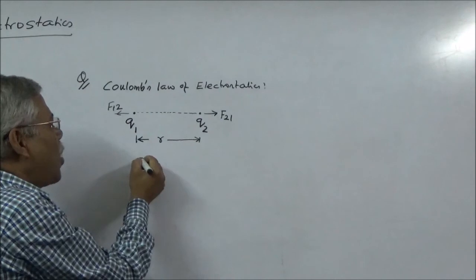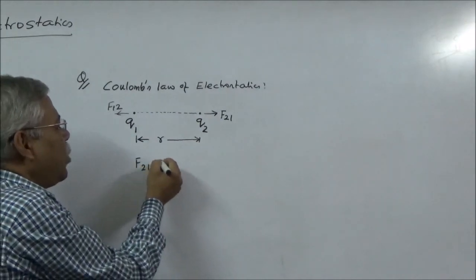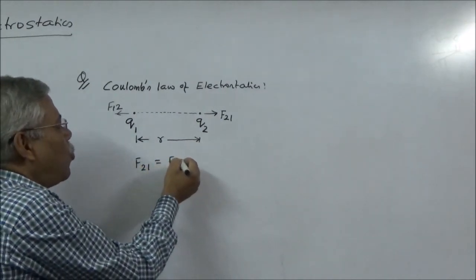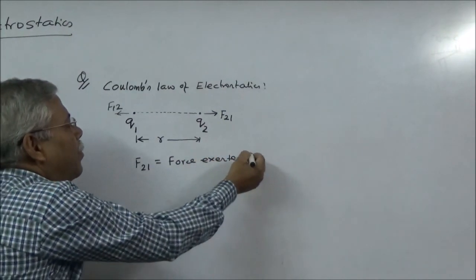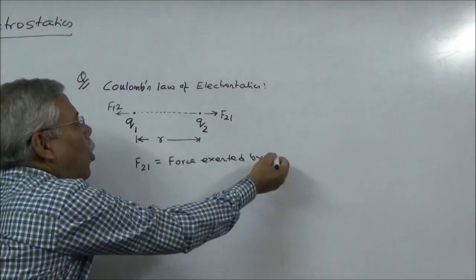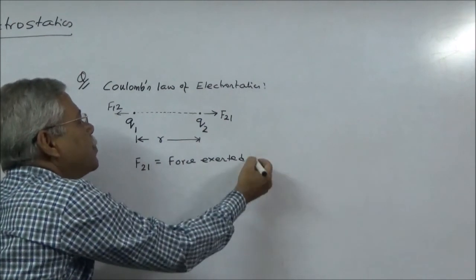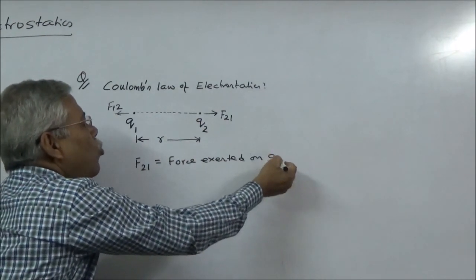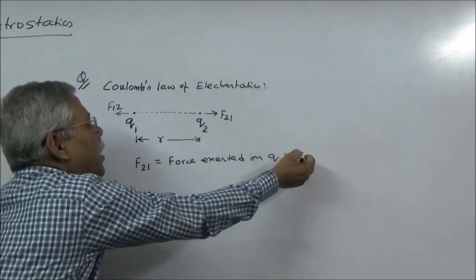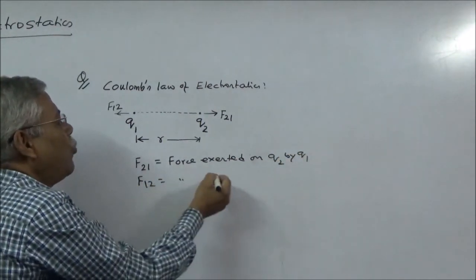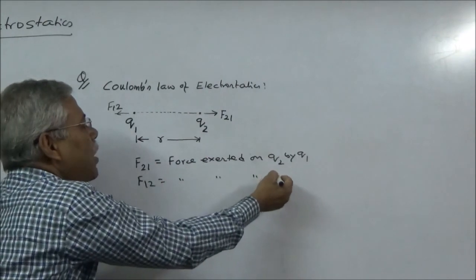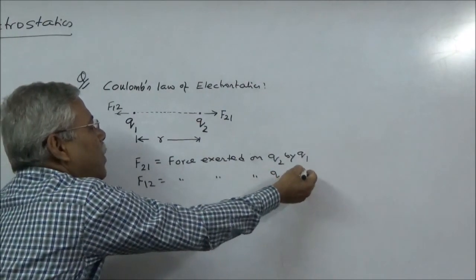So F21 equals the force exerted on Q2 by Q1, and F12 equals the force exerted on Q1 by Q2.